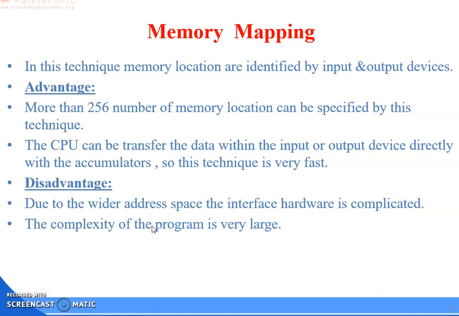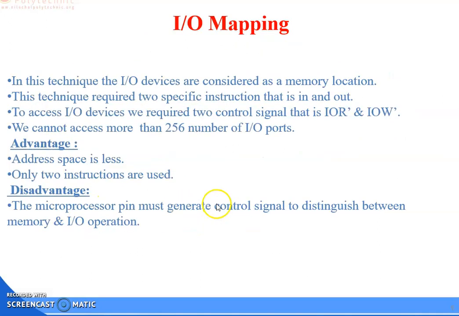The CPU can transfer the data to or from the input or output device directly with the accumulator, so this technique is very fast. The disadvantages are that due to the wider address space, the interface hardware is complicated, and the complexity of the program is very large.